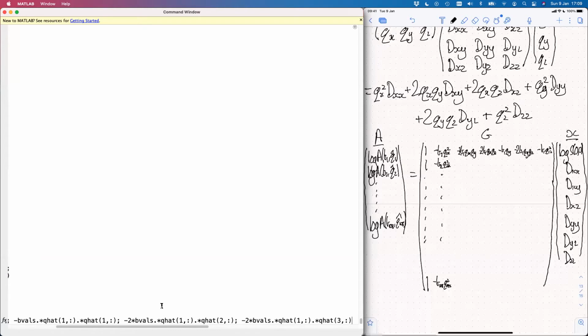Looks like that. And now we're on to the dyy column. So that's going to be minus b vals. We want q hat 2 twice, don't we?